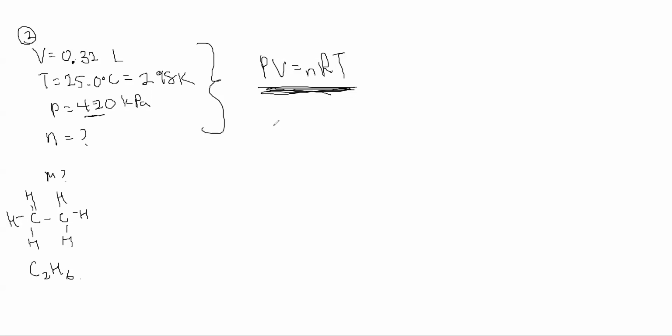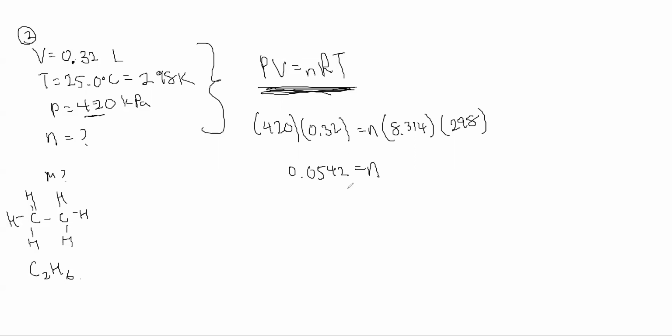PV equals nRT, okay? Pressure is 420. Volume is 0.32. Moles, I do not know. The universal gas constant is always the same. And temperature is 298. n is equal to 0.0542.